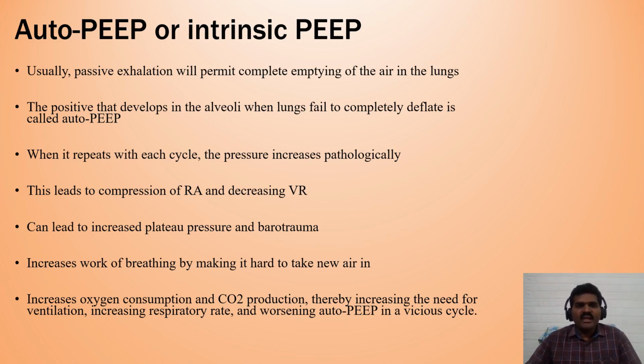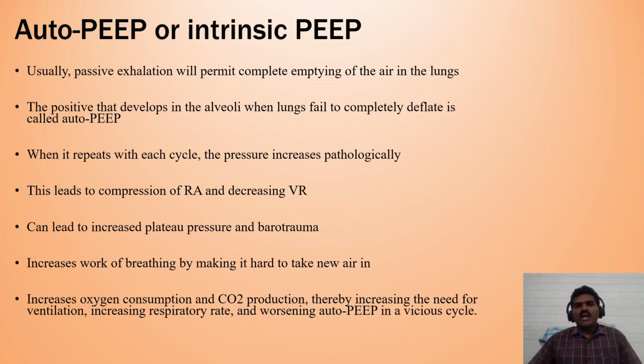When it repeats with each cycle, the pressure increases pathologically. This can lead to compression of the right atrium, and when there is pressure over the right atrium, venous return can be decreased, and this can lead to accentuation of shock in a patient. This can also lead to increased plateau pressure and can lead to barotrauma.